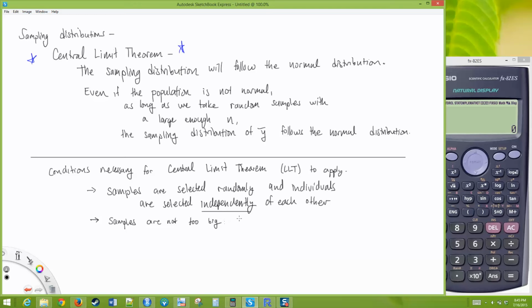Okay, we rarely run into this problem, except when our population is very small. Okay, so this is usually not a problem, but what we mean by samples are not too big, general rule of thumb is the sample is less than 10% of the population.